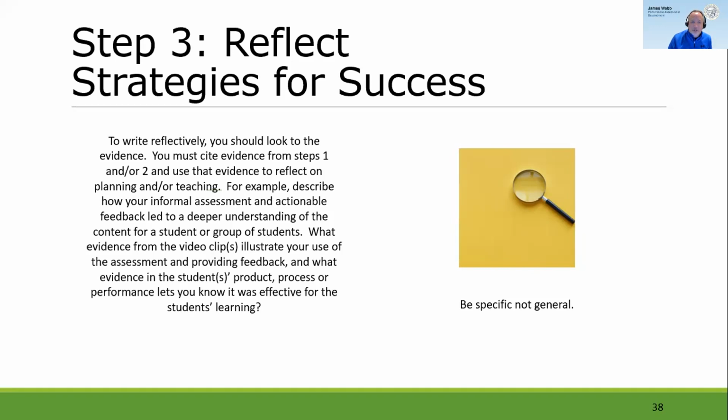Therefore, when the students produced their own Jamboards, I noticed that there were errors in X, Y, and Z. I've reflected, I've cited evidence, I said what I did, what I could improve on, and what I might need to do for the future. So again, it's how you are looking at your teaching to provide an effective measure for how you can improve student learning.